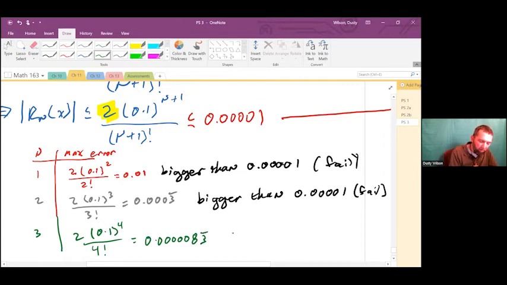Ooh, this is smaller than 0.00001. Success.